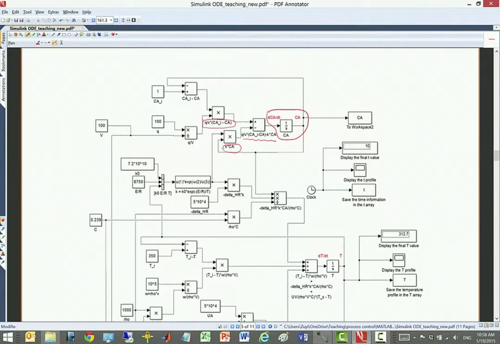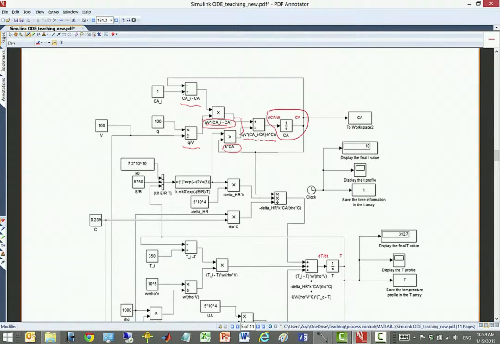Okay, so you can see we can decompose the derivative of CA over time t into the summation of these two: the first term minus the second term. For Q over V times CAI minus CA, we could further decompose this term into the product of Q over V and CAI minus CA.